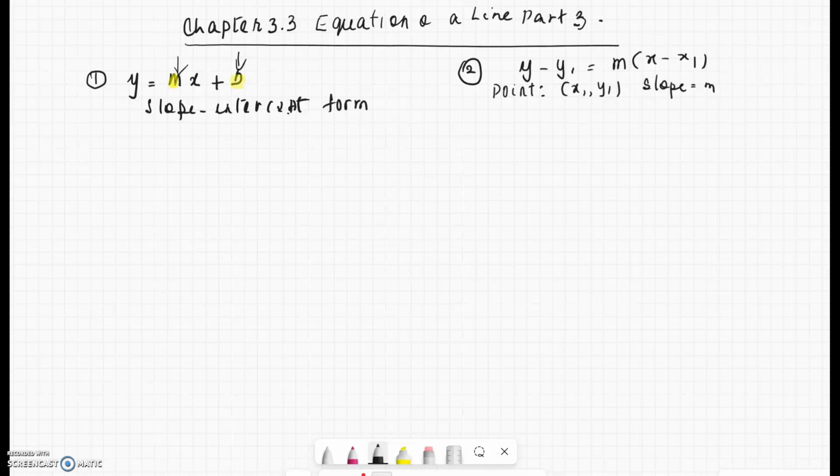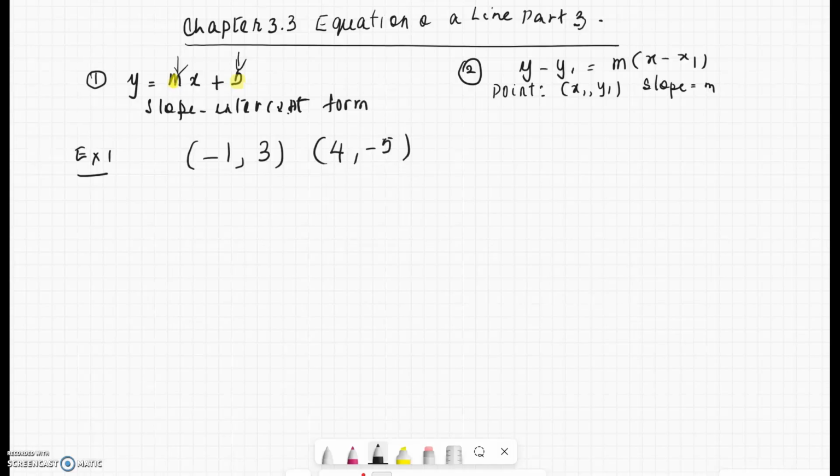Now, suppose we are given 2 points on the line. Let's say one of the points is -1, 3, and the other point is 4, -5.